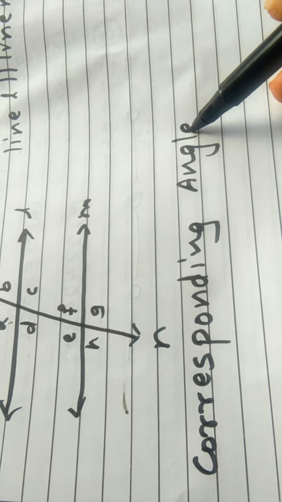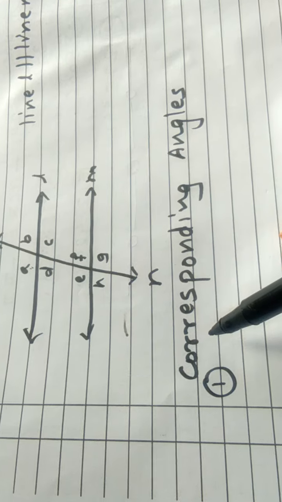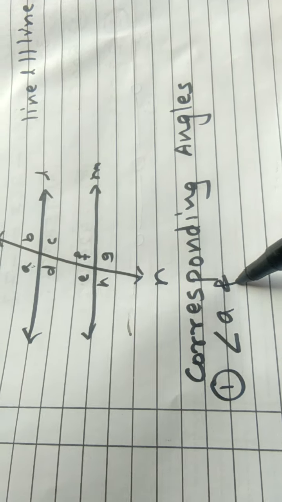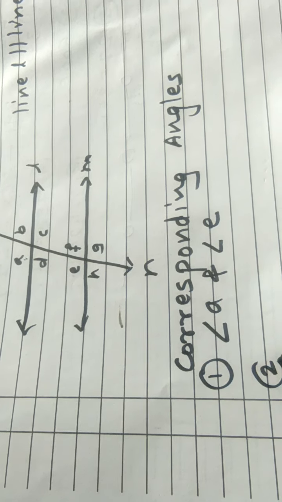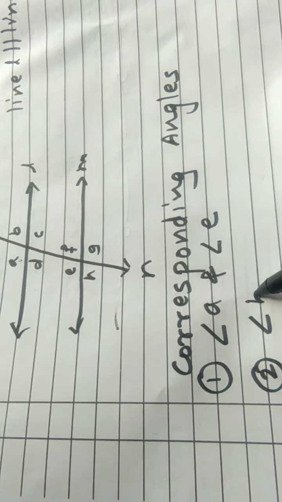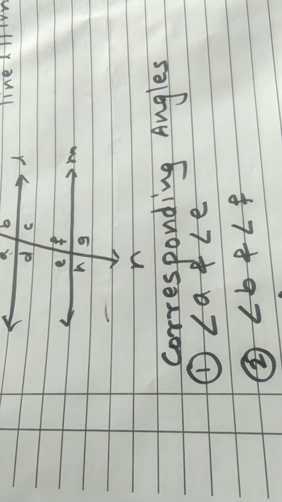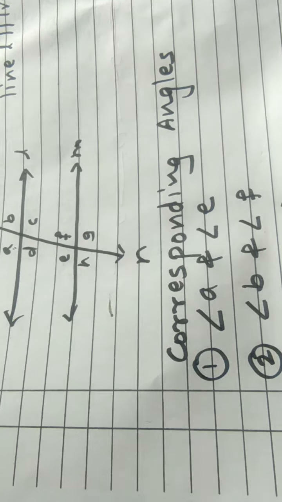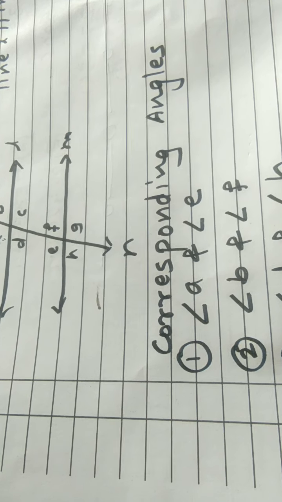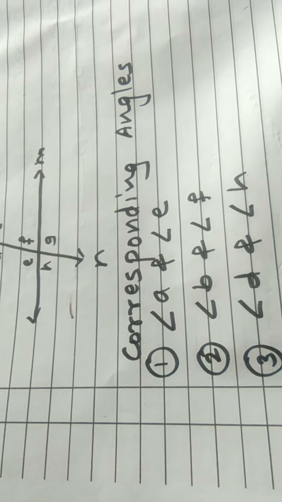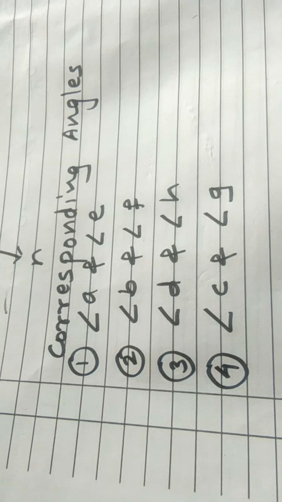First pair is angle A and angle E. Second pair is angle B and angle F. Third pair is angle D and angle H. Fourth pair is angle C and angle G. These are the four pairs of corresponding angles.